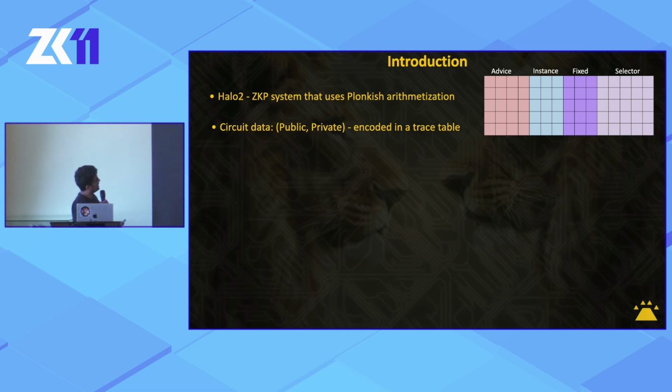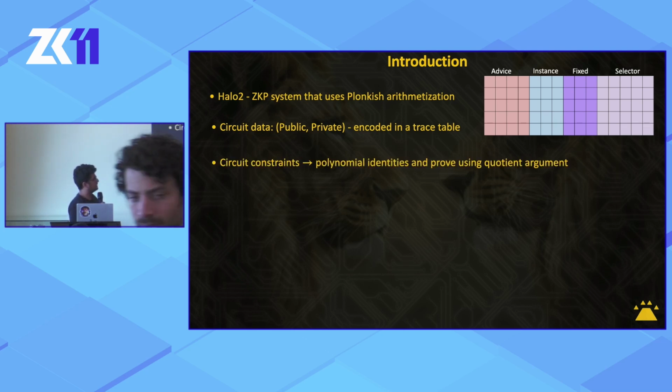And the private data, which is generated by the prover for circuit satisfiability, is encoded in the advice columns. The idea is that circuit constraints are converted to polynomial identities, and then you prove them using the quotient argument. So basically, you can have circuit constraints where each row represents a gate, and the wiring is the relationship between different cells in the trace table.